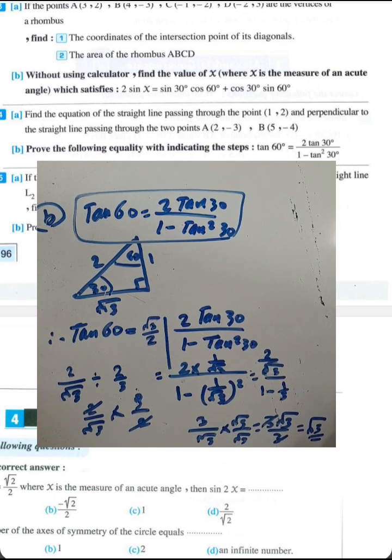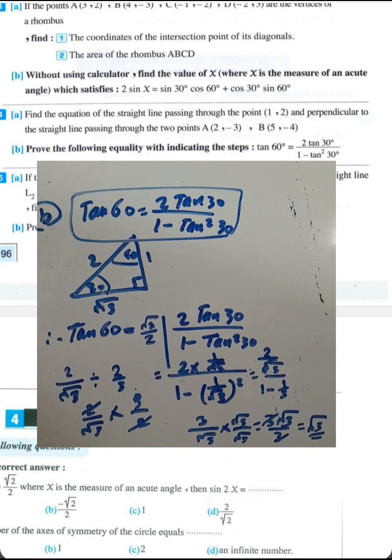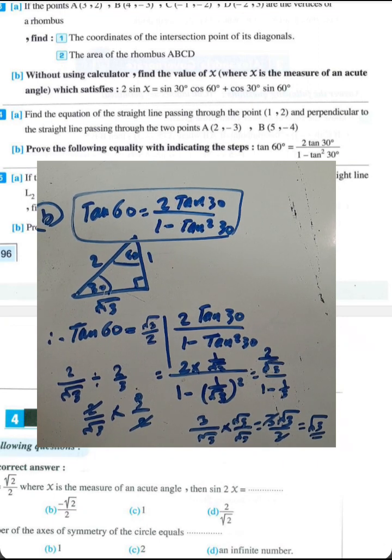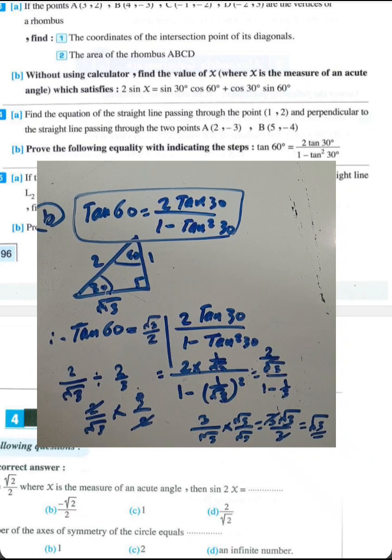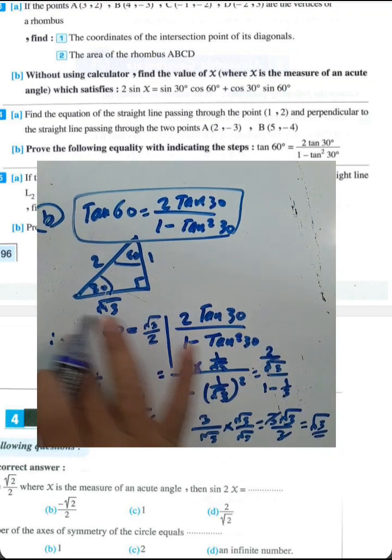Okay, it was question letter B. Understood. The result will be root 3 and tan 60, opposite over adjacent. It's tan, not sine.